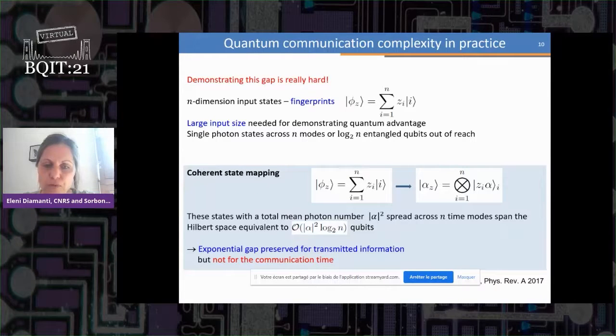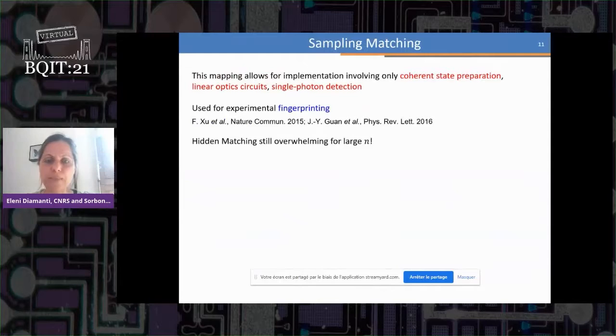So we showed that the exponential gap we just saw is preserved, though not for the communication time, because obviously, instead of sending very complicated entangled states, we send very long time series of coherent states. So we don't gain in communication time in this particular example, but we gain in transmitted information, how much information is included in the input of these pulses.